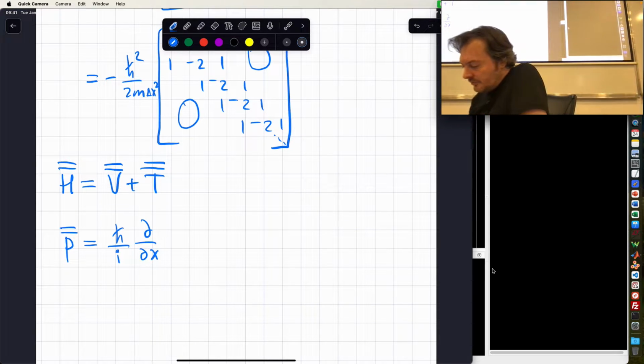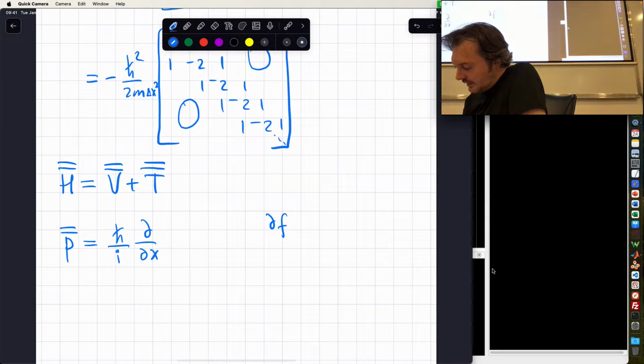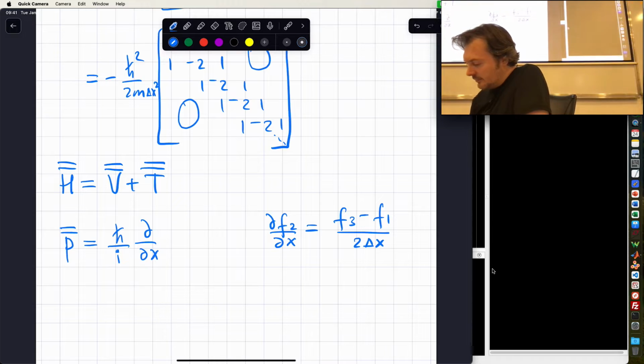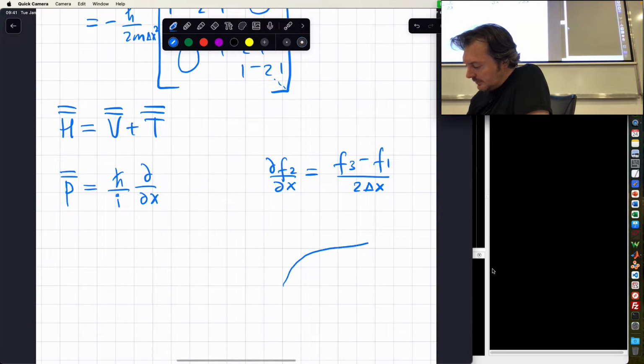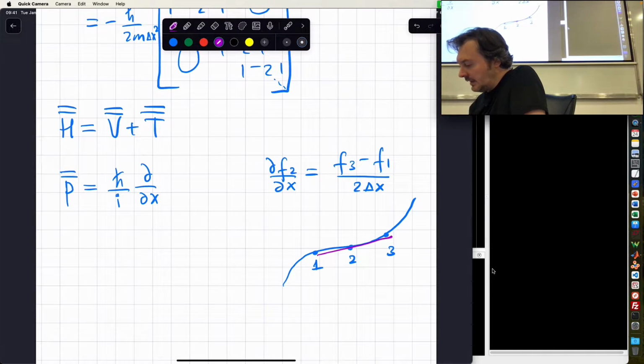So how would you represent this one? We didn't discuss this yet, but is it okay if I represent it as f3 minus f1 over 2 delta x? There's a point 2 here, a point 1 here, and a point 3 here, and I'm representing this slope as f3 minus f1 divided by 2 delta x.